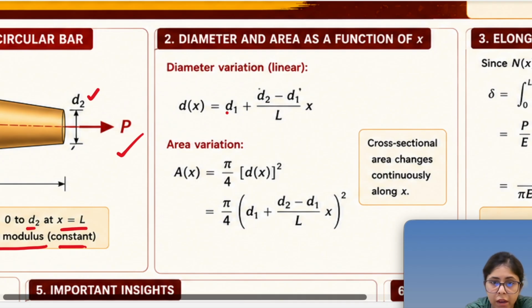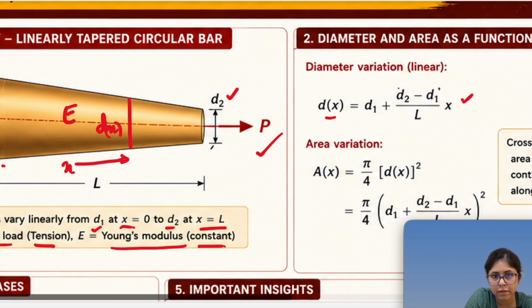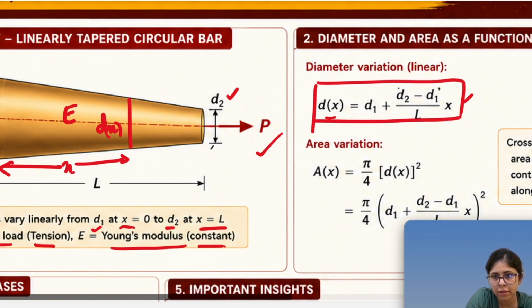Yes. If I want to calculate the diameter at any section, let's say dx, from linear interpolation I can say that dx is d1 plus (d2 minus d1) upon L into x. This is nothing but general linear interpolation.